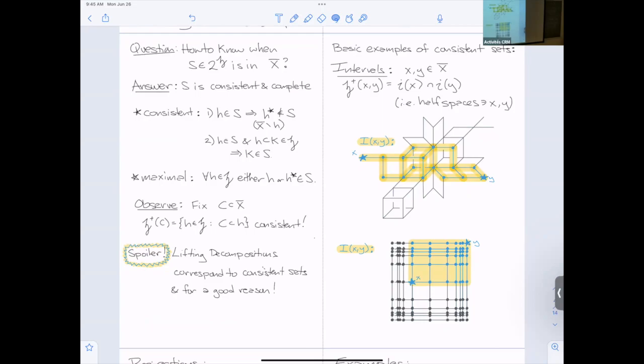So my description here is when is a set corresponding to a point. Okay, so a set is corresponding to a point when it satisfies these 2 properties. Now, H is all of the half spaces, okay?